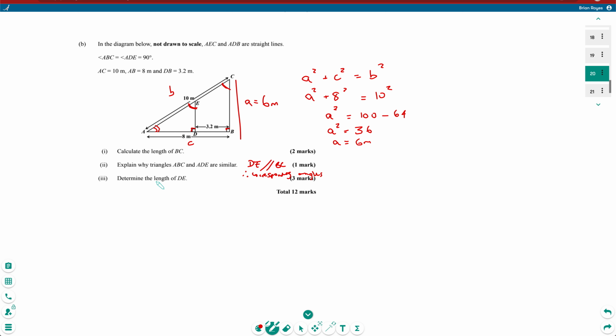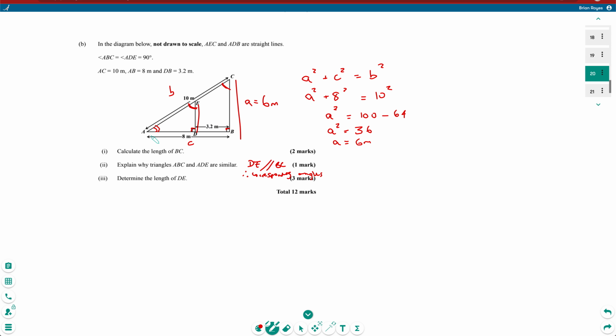Okay, now for 3 marks, determine the length of DE. First, we have to realize that DE is going to be similar to BC because these are similar triangles. What we need to first identify is by what scale factor are these triangles related. And the way that we do that is by comparing the ratios of side lengths.